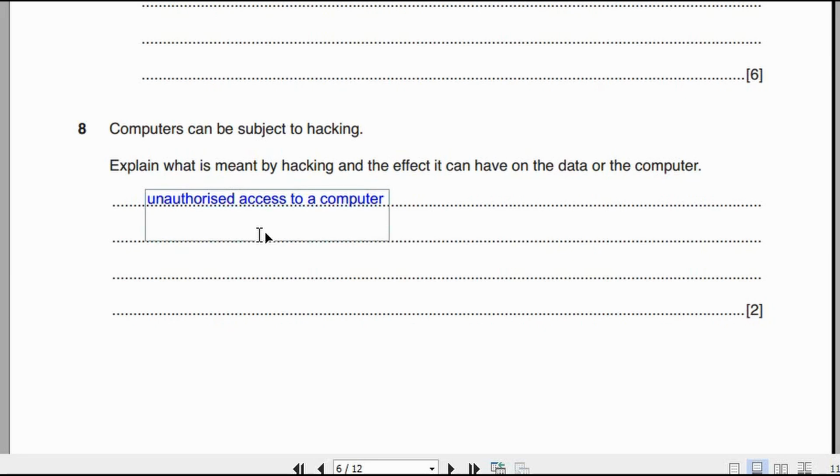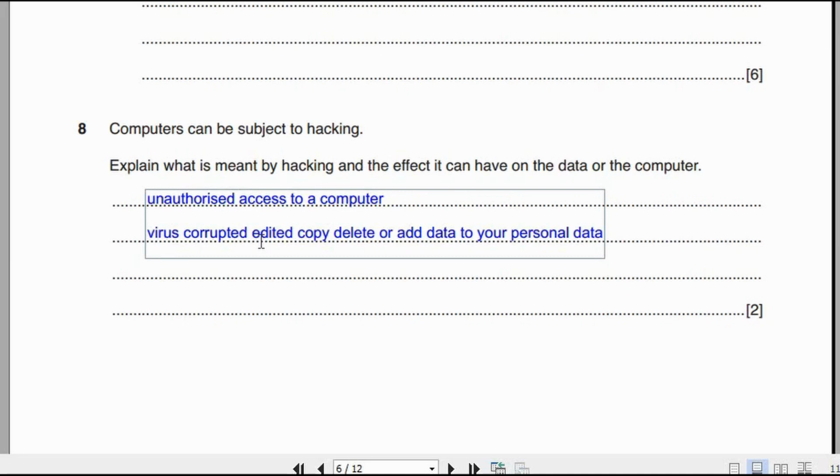For the second mark, you have to explain what kind of problem it can cause to your computer. It can bring a virus, or it can corrupt, edit, copy, delete, or add data to your personal data.